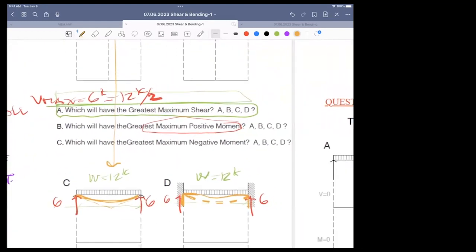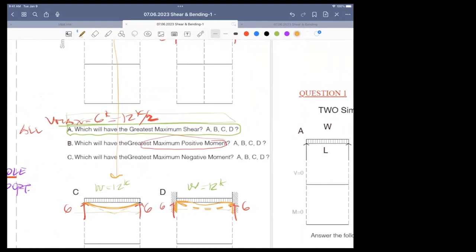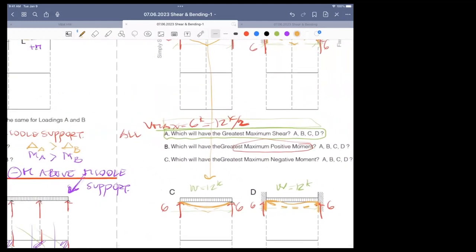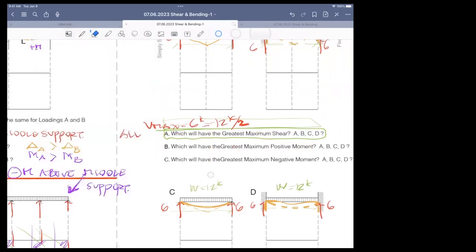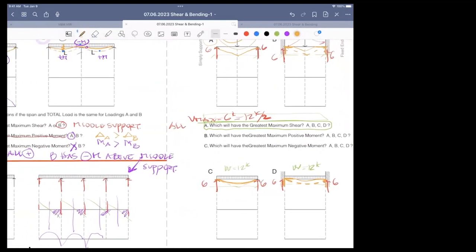So which one will have the greatest maximum positive moment? We need to erase a little bit. Stroke eraser, okay. I think what's going on here is deflection for A is the greatest, followed by deflection for C, the 2 simply supported.